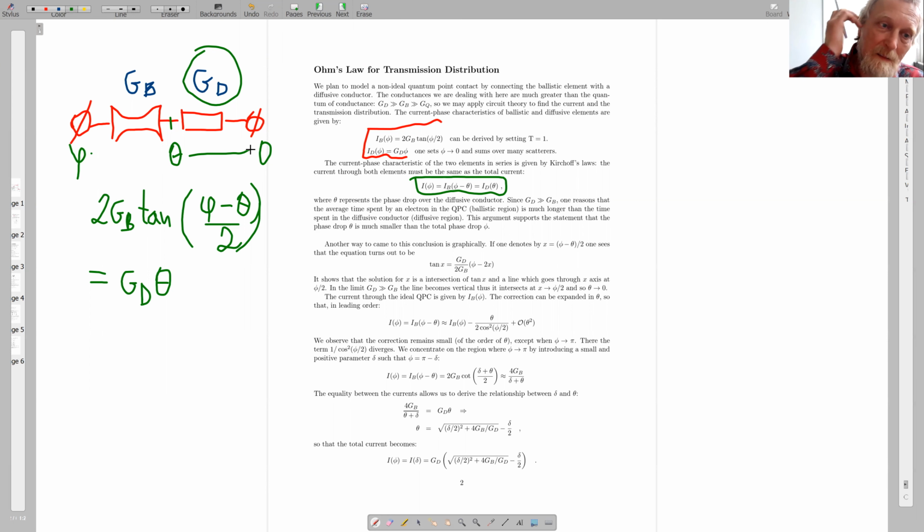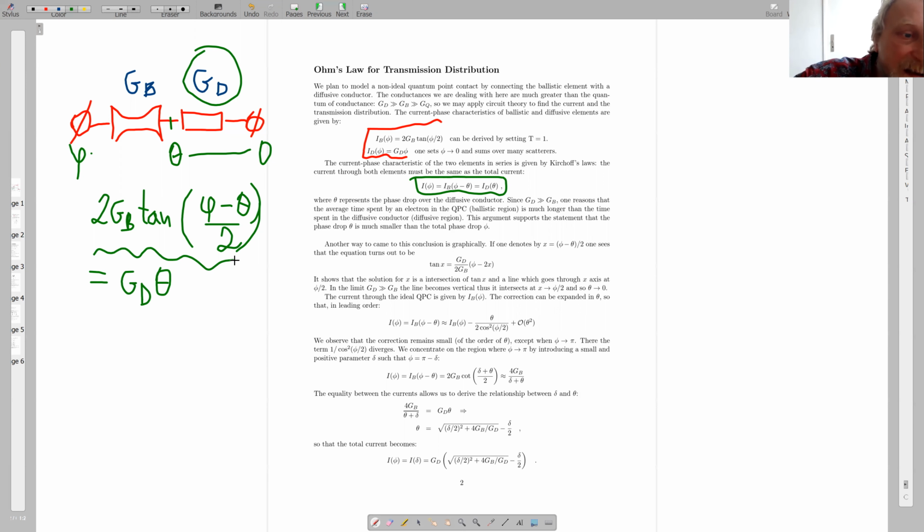Fine. But there is some point where it does not work. And the problem is that this current, although it is big resistors, small conductance, is supposed to be small.